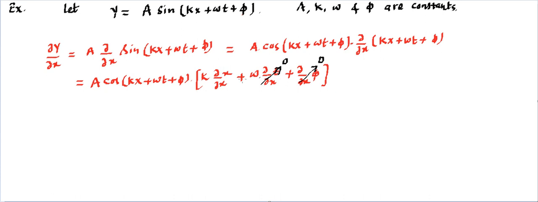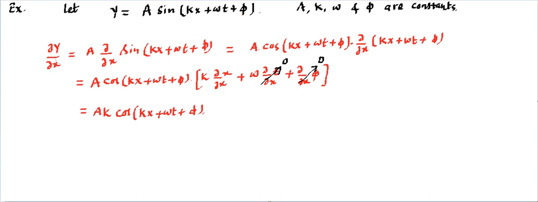That means the bracket will ultimately leave us k. So the final answer of this partial differentiation will come out to be a into k, which is a constant, into cos (kx plus omega t plus phi). If you got it, our purpose is fulfilled, that we can differentiate this expression partially with respect to variable x.